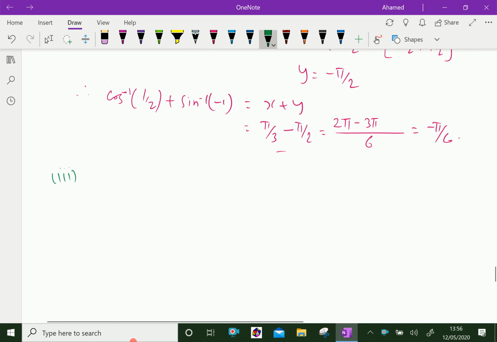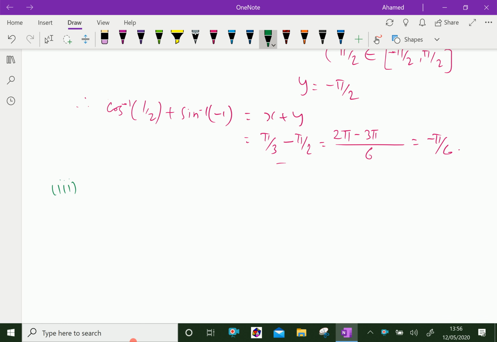Let us write the question first. Cos inverse of cos pi by 7 cos pi by 17 minus sin pi by 7 sin pi by 17.